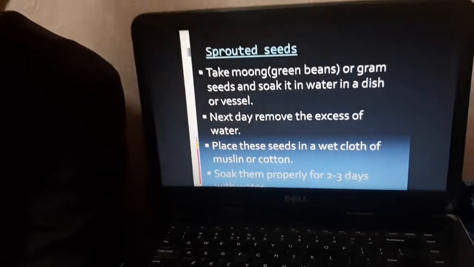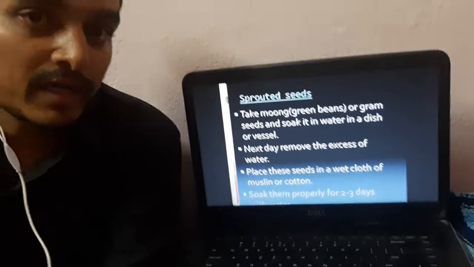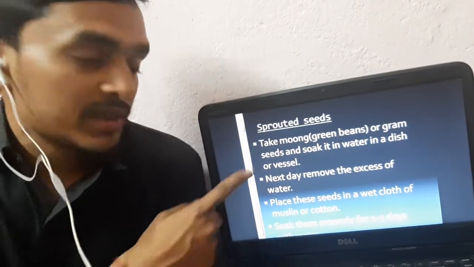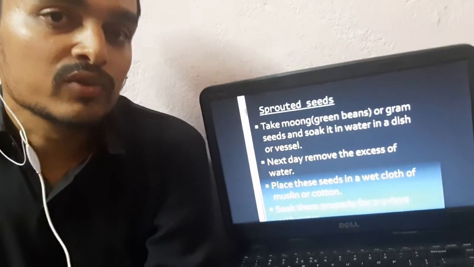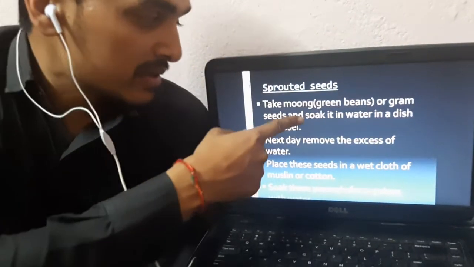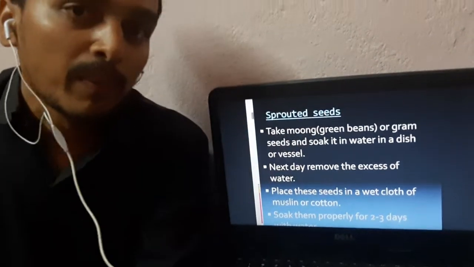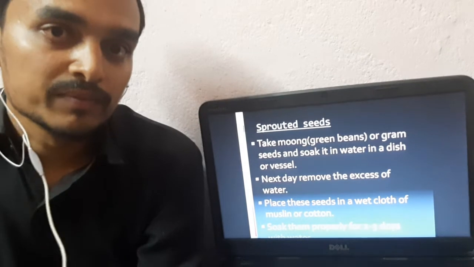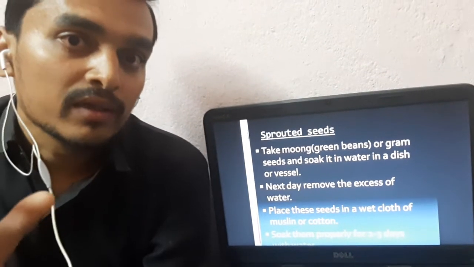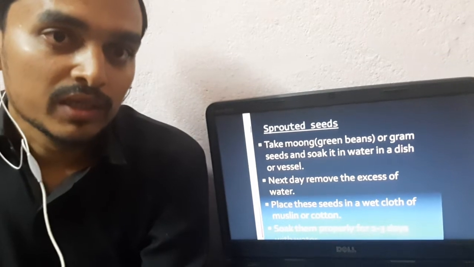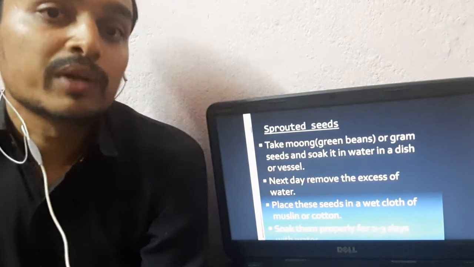You can clearly observe that some white thread-like structure is coming out from the seeds. Actually, what happens is that these pulses, the mung or gram, absorb the water and germinate. That's why white-colored thread-like structures come out from the seeds. And these are called sprouted seeds.